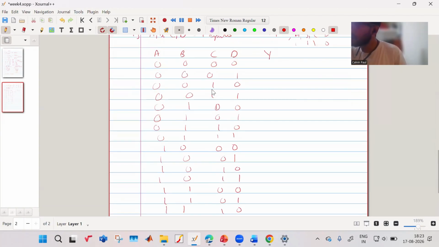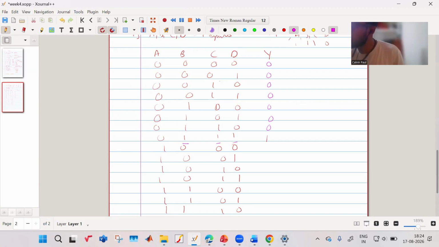Okay, so we want to find the output Y when there are three ones. When the circuit has three ones, then the output Y is 1, sorry. So Y here is 0, 0, 0, 0, 0, 0, 0. But in this case, your output will be 1. Why? Because you have three ones. You have 1, 1 here, 1, 1 here, 1, 1 here.